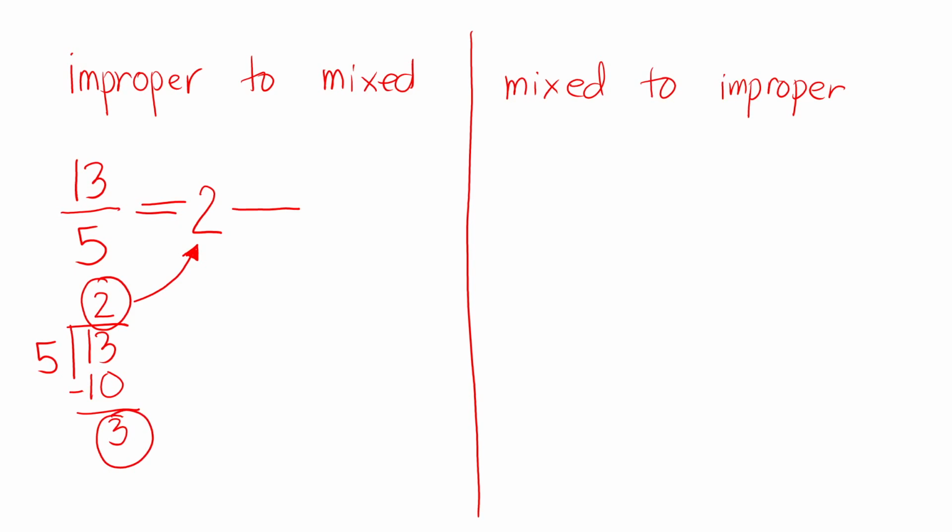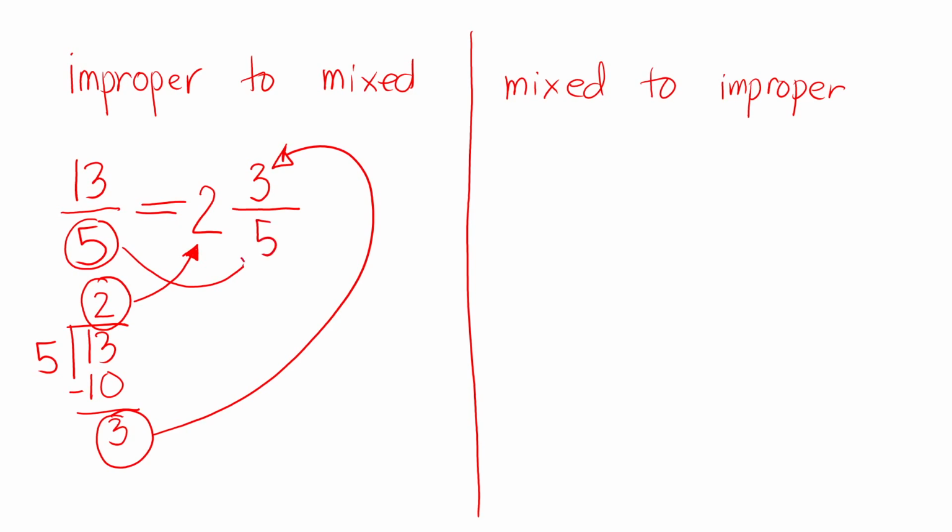Do I write it in the numerator or in the denominator? Sa babaw. O, diri ibutang si 3. Asa ibutang kung unsa na si 5? O, copy 5. And there you go. That will be the improper to mixed conversion. Is this clear, by the way?